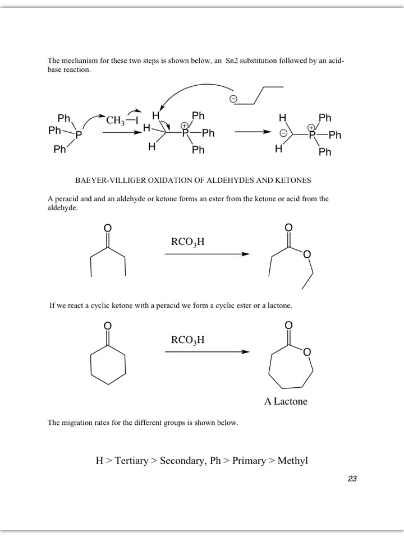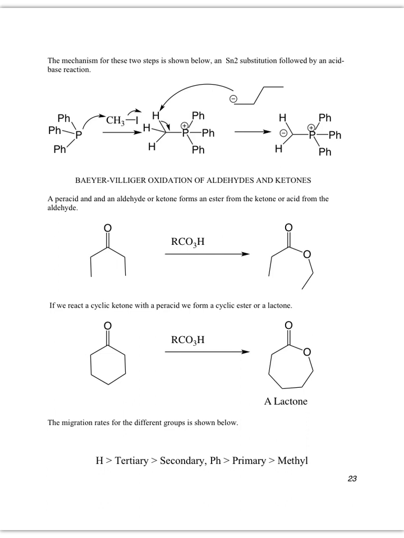So here it is neatly shown where the phosphorus does an SN2 on the methyl iodide, and then the n-butyllithium comes in to grab the extra hydrogen to form the ylide. And then that can react with the carbonyl, whatever carbonyl. Now this is, since it takes n-butyllithium to form, a very reactive species.